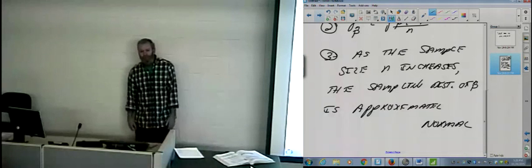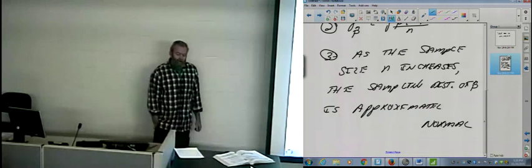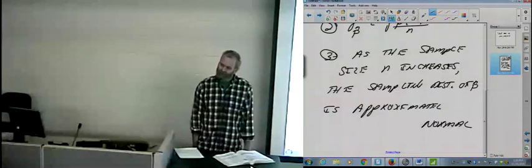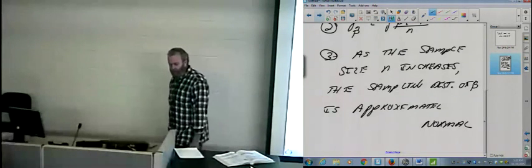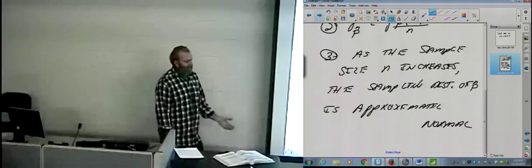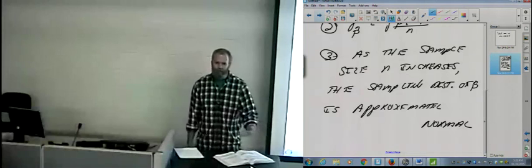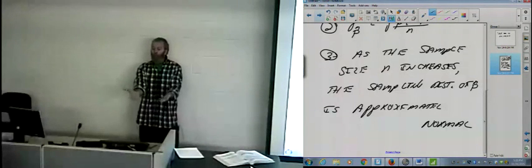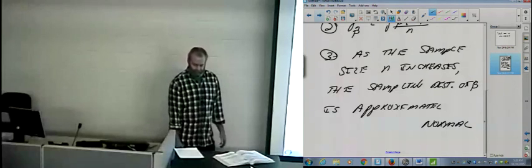Not a shock. Every distribution I ever worked with in this class eventually somehow shows up to be approximately normal or normal. So it's going to be normal. We know what it looks like, right? It's symmetric, single peak, bell shape. It satisfies the 68, 95, 99.7 rule. Approximately. So obviously, the larger your sample size, the more normal it looks.